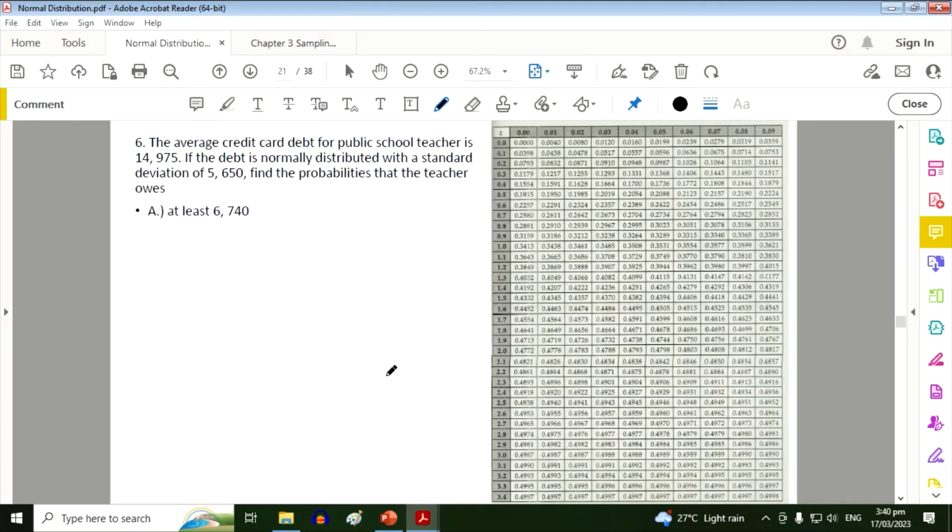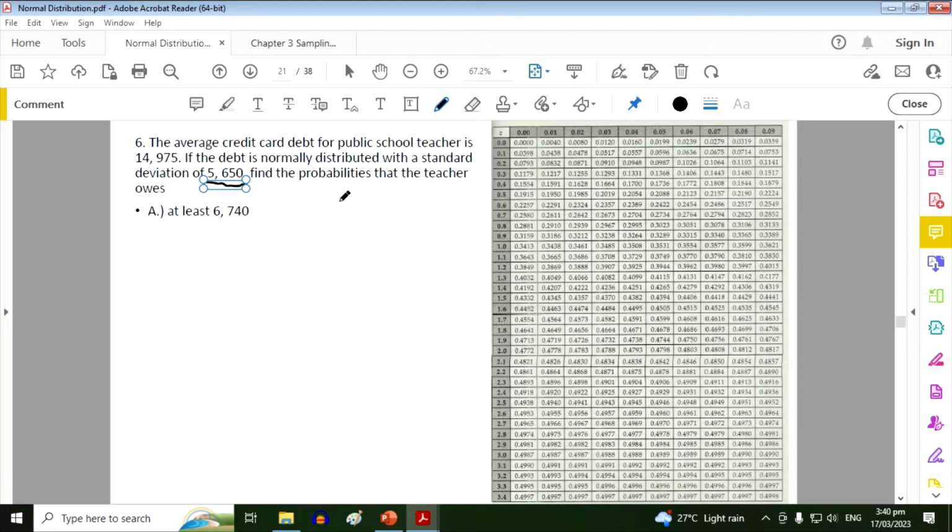Number 6, the average credit card debt for a public school teacher is 14,975. If the debt is normally distributed with a standard deviation of 5,650, find the following probabilities.